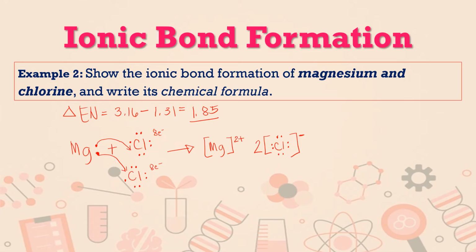So if you are going to write the chemical formula of this one, it's equal to MgCl2. This subscript represents that we use 2 chlorine atoms in the process. And this chemical formula is also known as magnesium chloride.